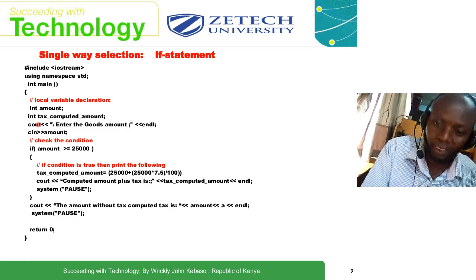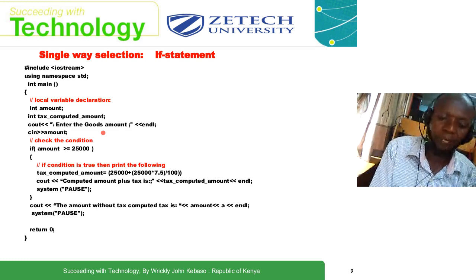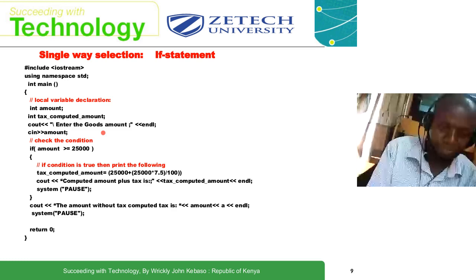Then after that, we are going to ask the cashier to enter the goods amount. Maybe the goods have been selected from the shop, and now the customer is going to pay. So the cashier is going to input the amount.